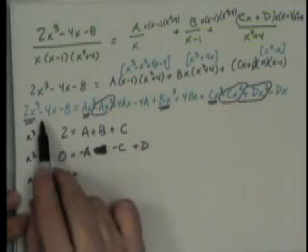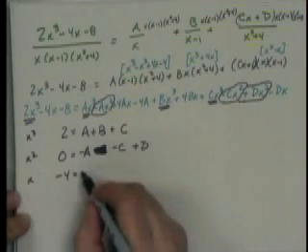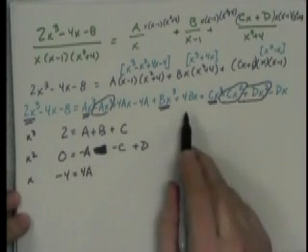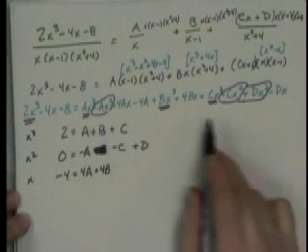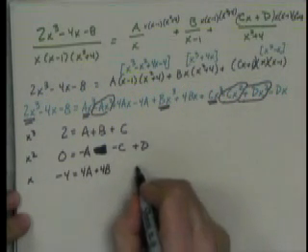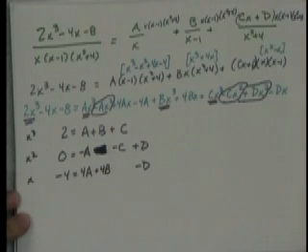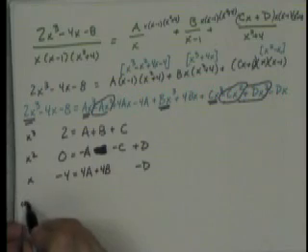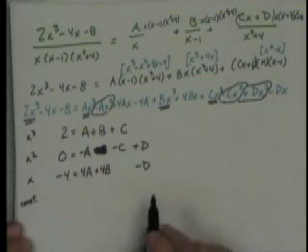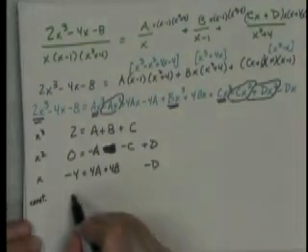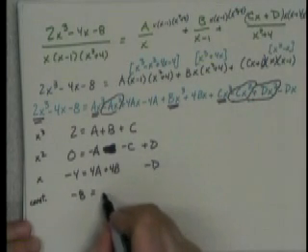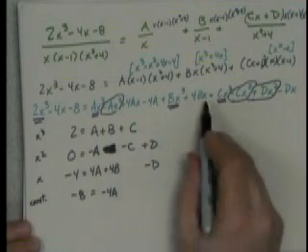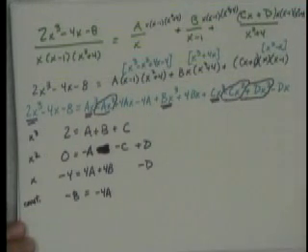So now when I do x terms, I get -4 is equal to 4A plus 4B minus D. Now for the constant terms, I have -8 is -4A, and that's it.